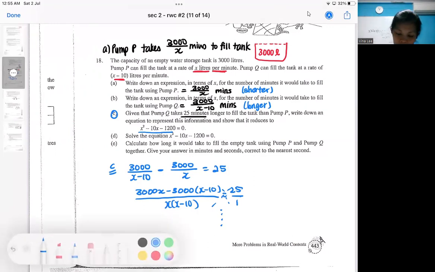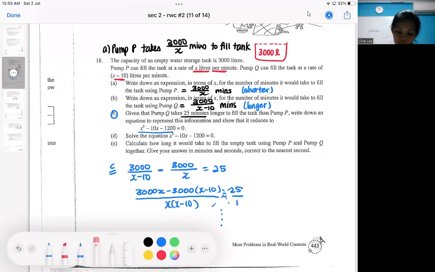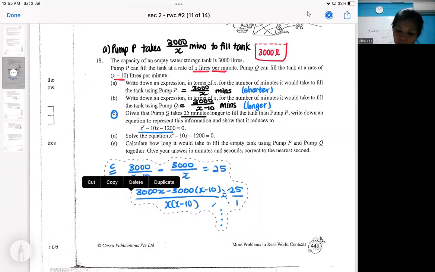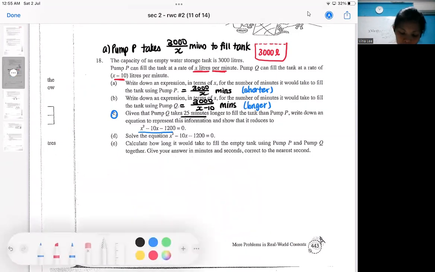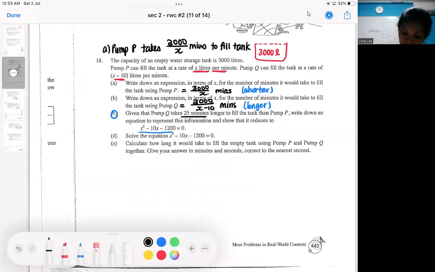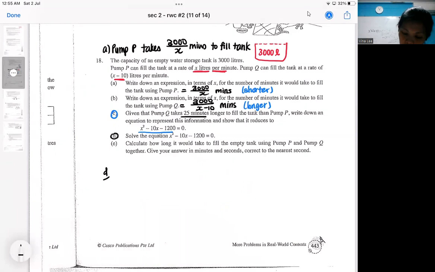If, during the exam, you fail to get the equation, you still solve the equation. Carry on with the solving, even though you couldn't reduce it.